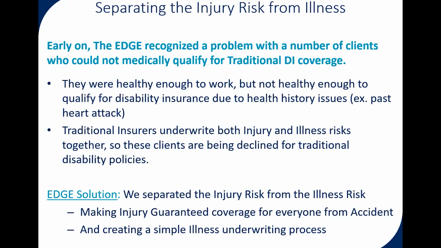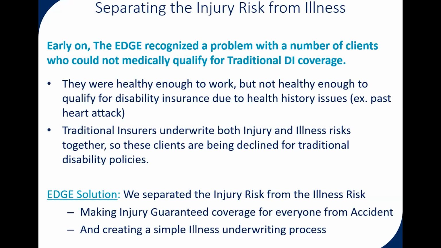What we realized is there's a lot of people out there that are healthy enough to work, but not necessarily healthy enough to get a traditional disability policy because of their health. Now, a traditional plan, those are your accident and sickness plans, or A&S plans. They write the accident and sickness all together. So if there's problems, like in my example, a client had a heart attack 6 months ago and is back at work, companies that sell A&S policies are going to decline them for both the accident and the sickness.